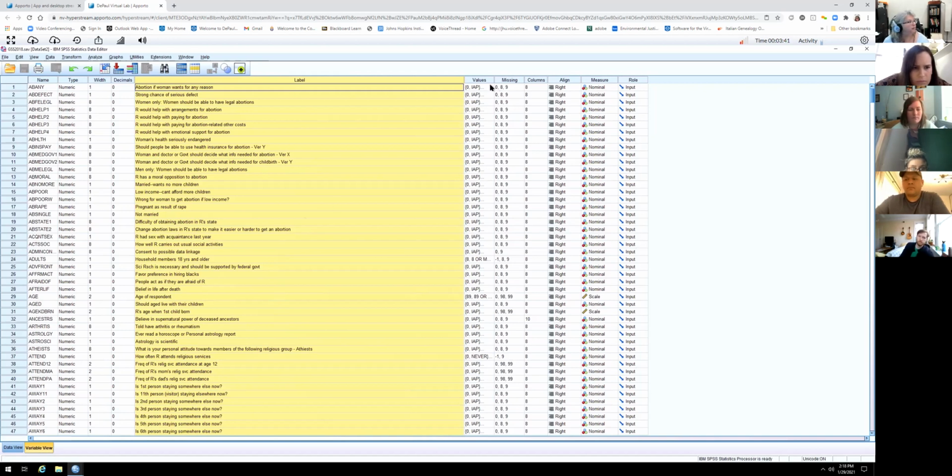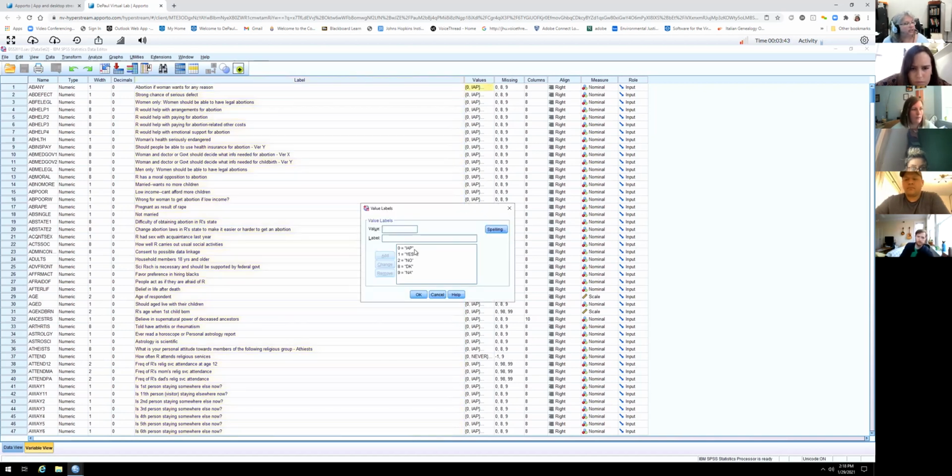All right. Remember, we talked about values. Here's the codes that we talked about. Remember, I showed you how to code. GSS already has their codes in here. 0 was inapplicable. Yes, no was 1 and 2. Don't know was 8. And 9 was not available. So you can see a variety, and this changes with each variable, how they code these things.